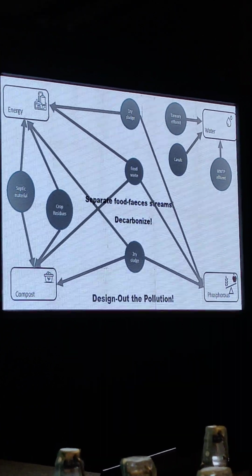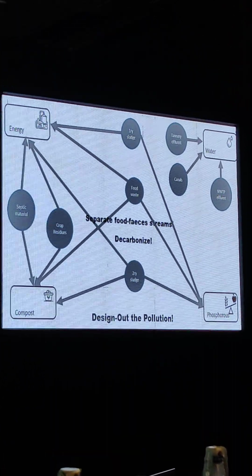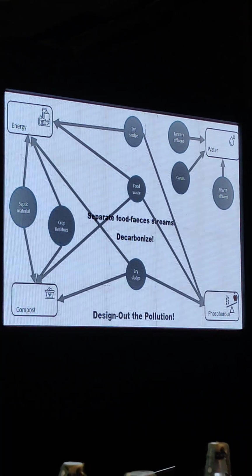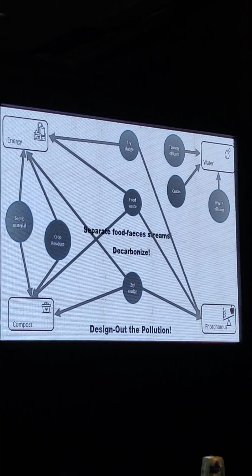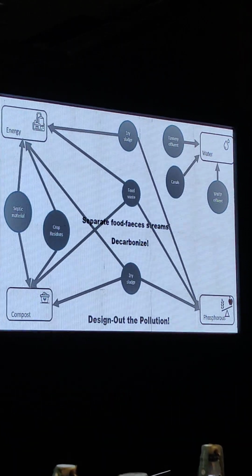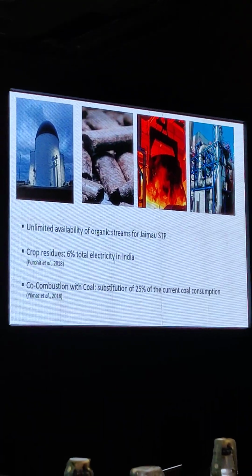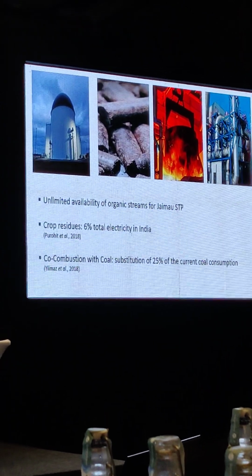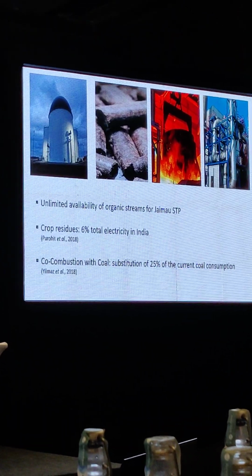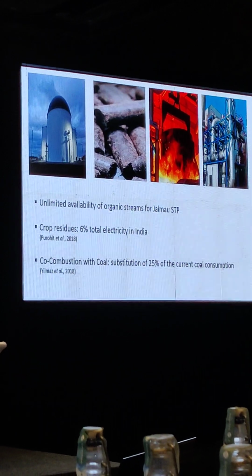And two main points in this principle that we considered were decarbonize and separate food and feces streams, because this was really asked by the community. Now, if you look at the decarbonization, there could be a lot of opportunities in there. So the possibility of co-digestion, and that's what we're testing in the Pavitra Ganga with the Andikos project.